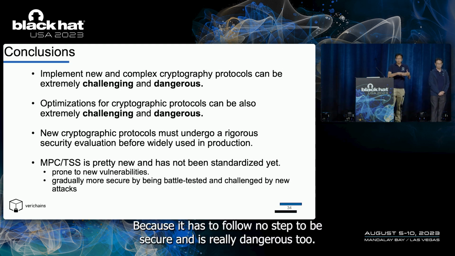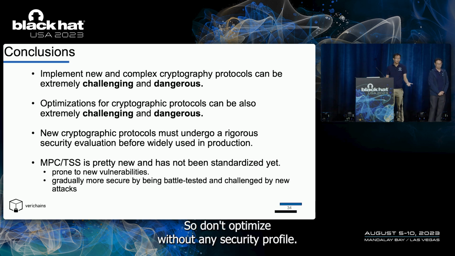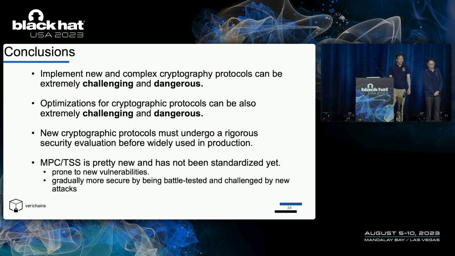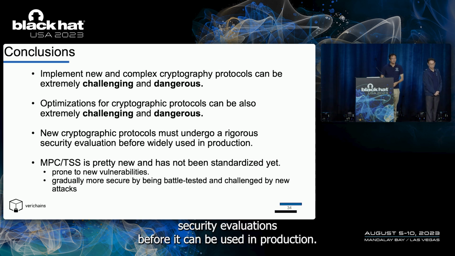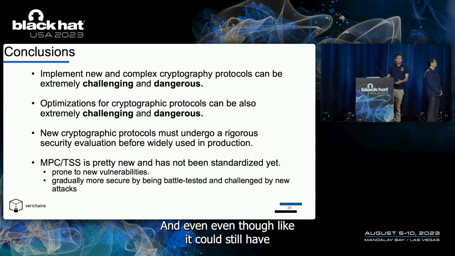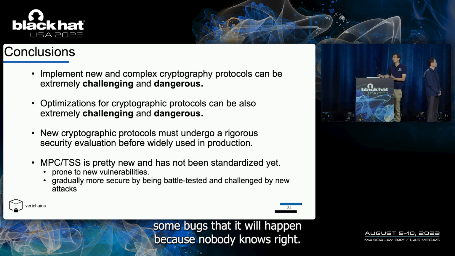They have to follow those steps to be secure, and it's really dangerous too. So don't optimize without any security proof. And if we have new cryptographic protocols, they have to undergo rigorous security evaluations before they can be used in production. Even then, they could still have bugs, because nobody knows, right?